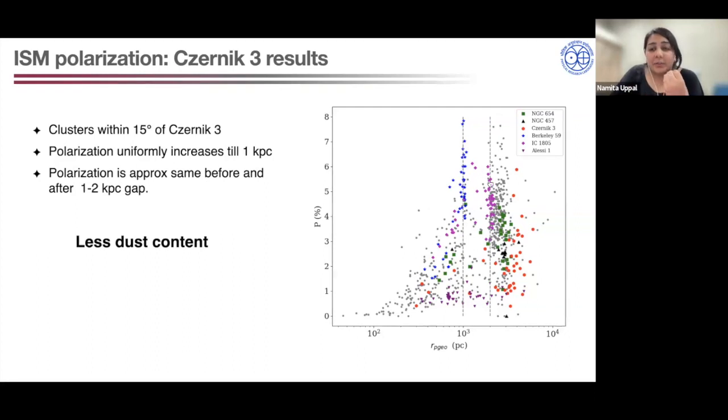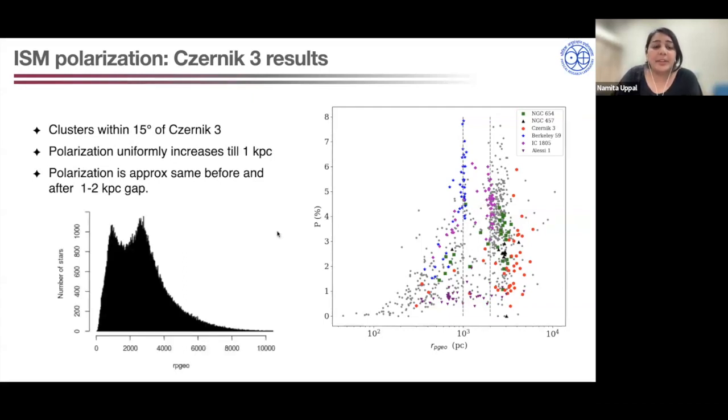And to see whether this number density of the stars is actually low or this is biased because of our selection criteria, we checked the 2MASS data and plotted the number density with distance, and we exactly see a dip in the number density of stars between 1 to 2 kiloparsec.